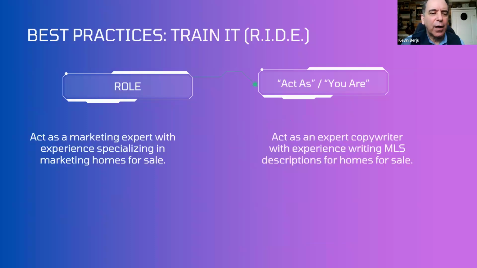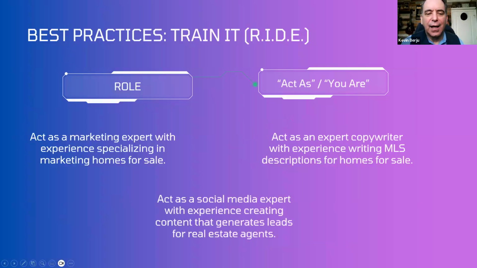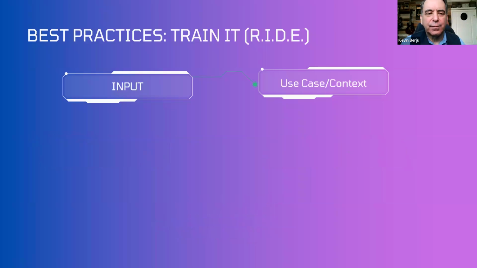Okay, as a marketing expert with experience specializing in marketing homes for sale, or act as an expert in copywriting with experience writing MLS descriptions for homes for sale. As a social media expert with experience creating content that generates leads for real estate agents. So you can do all those goals.